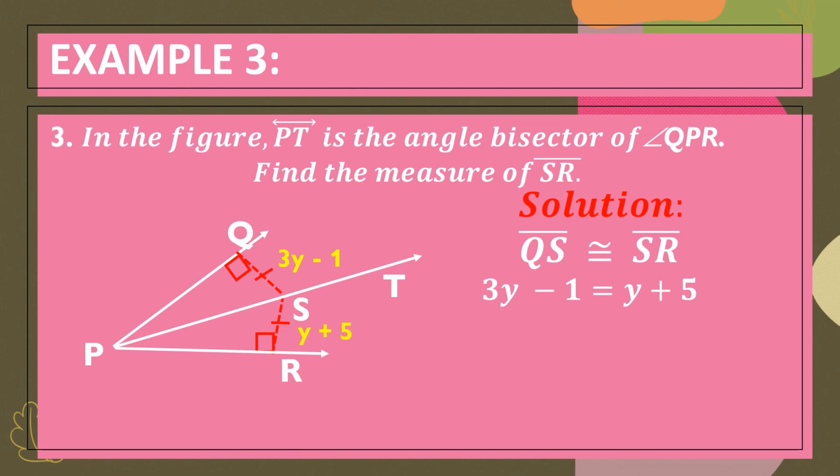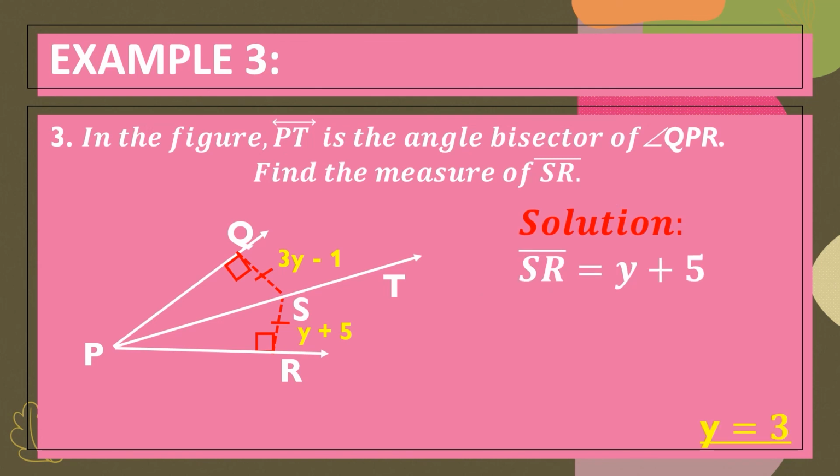So we have 3y minus 1 equals y plus 5. Combining similar terms, we have now 3y minus y equals 5 plus 1. 3y minus y is 2y and 5 plus 1 is 6. Dividing both sides by 2, y now is equal to 3.